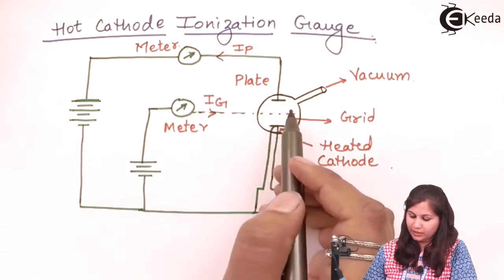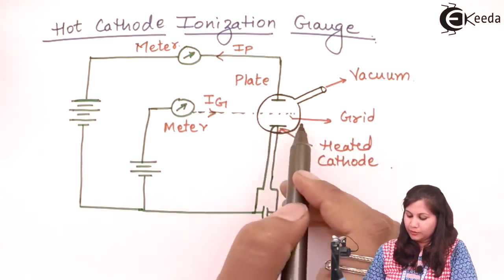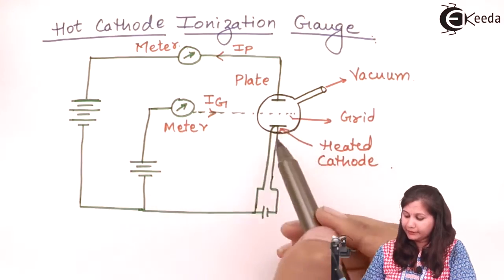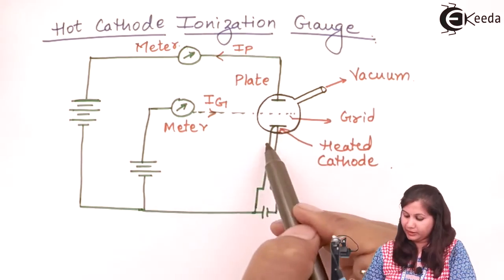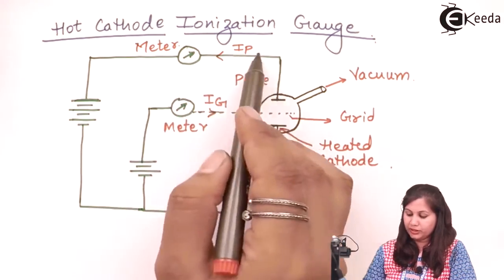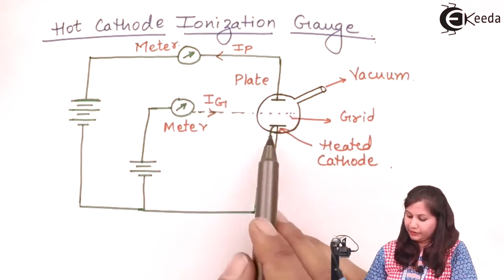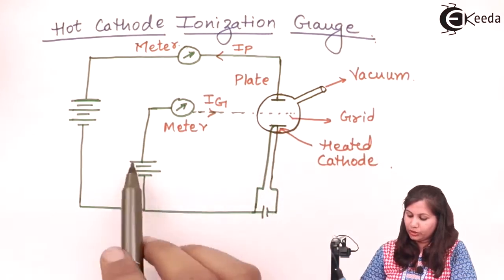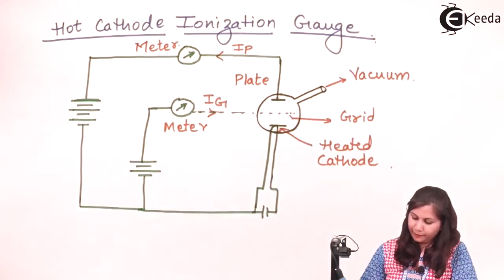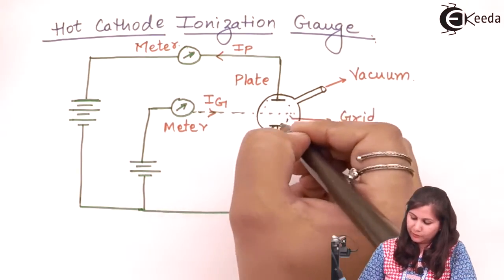In this you can see we have a box in which the plate and heated cathode are connected. To the plate we have a meter, which is going to measure the plate current, and here we have the heated cathode, and in between them we have the grid. In this box we have the gas molecules.